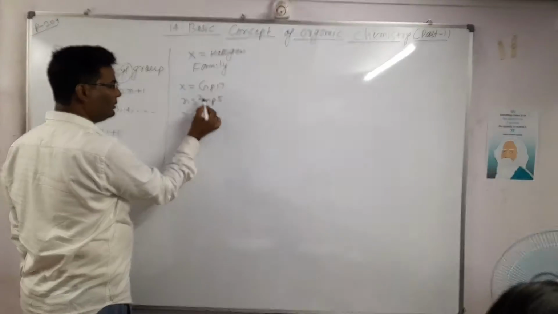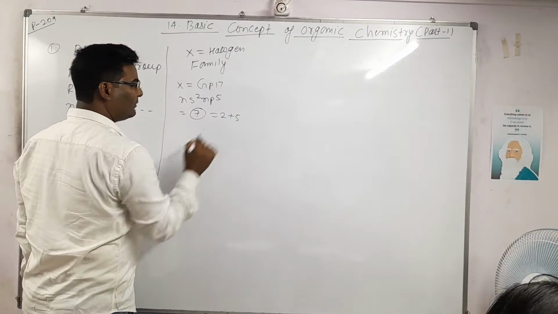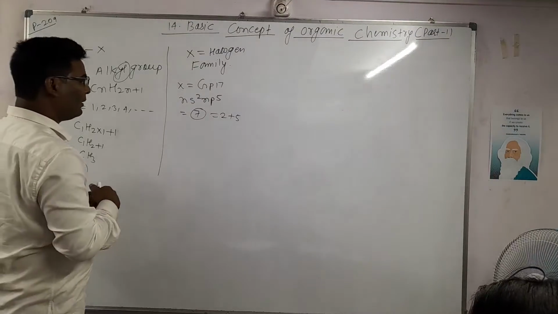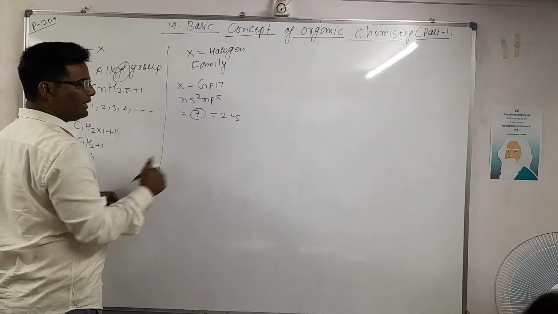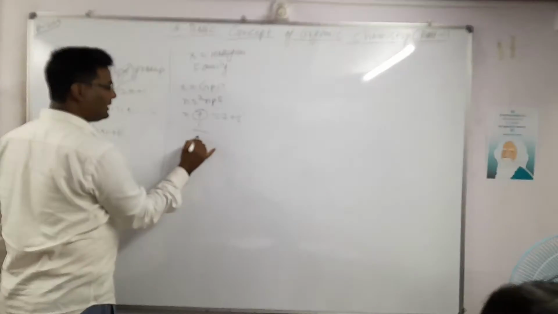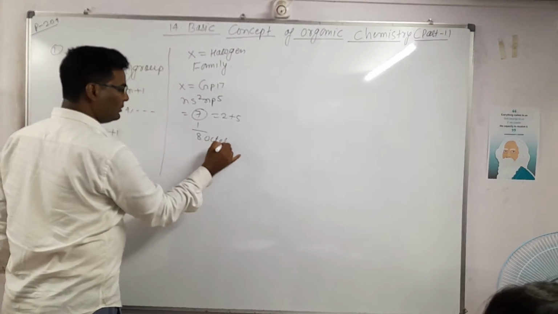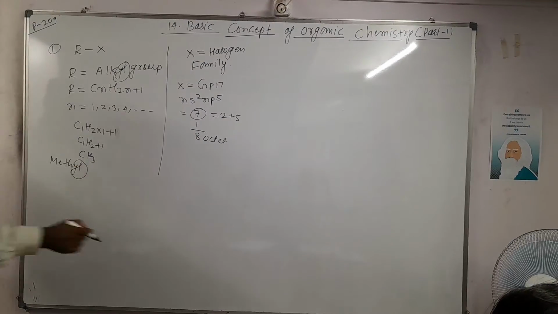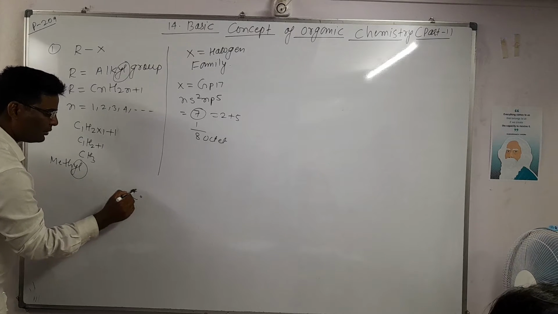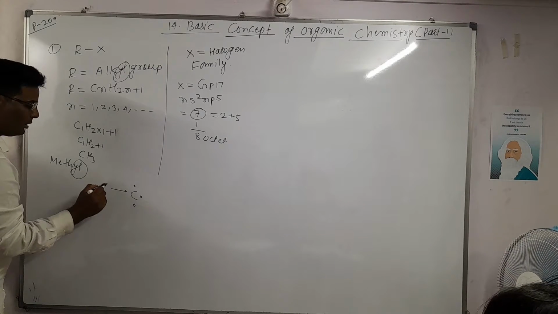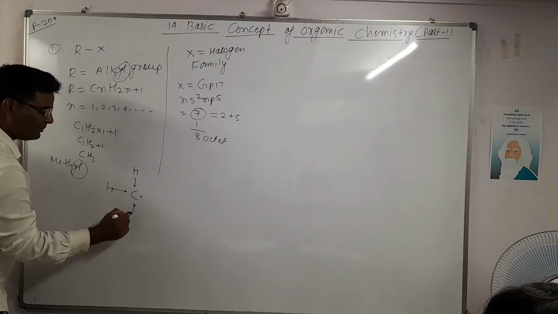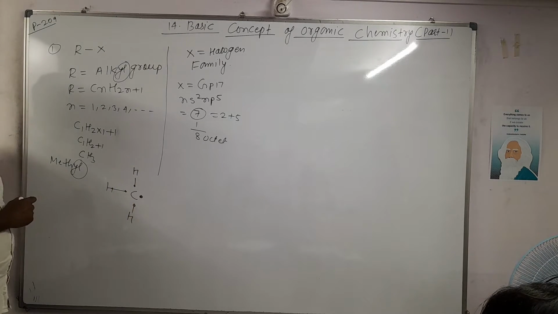You can count, it is 2 plus 5, so total 7 electrons are there, right? Now look, it needs one more electron to complete its octet, right? So in methyl, one electron is not busy. All three are busy with the hydrogen atoms, right?